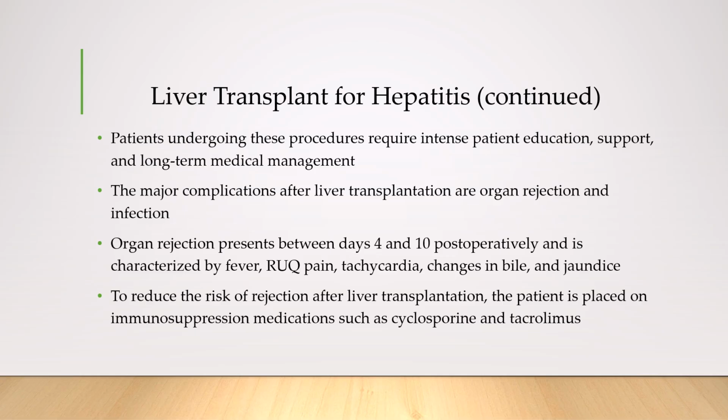So organ rejection will present between days 4 and 10 postoperatively and is characterized by fever, right upper quadrant pain, tachycardia, change in bile, and jaundice. To reduce the risk of rejection after liver transplantation, the patient will be placed on immunosuppressant medications such as cyclosporine and tacrolimus.